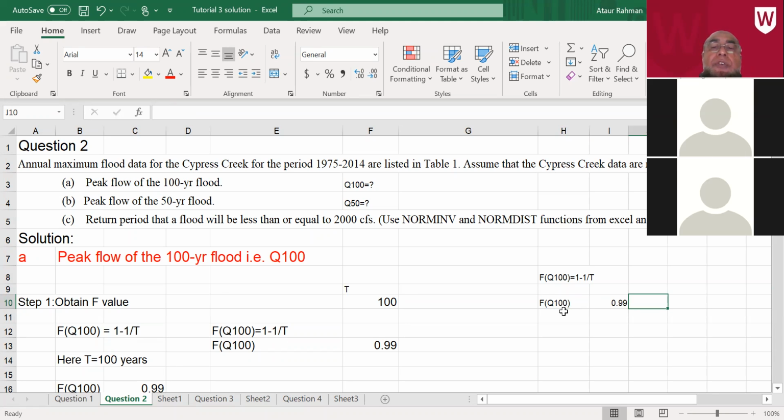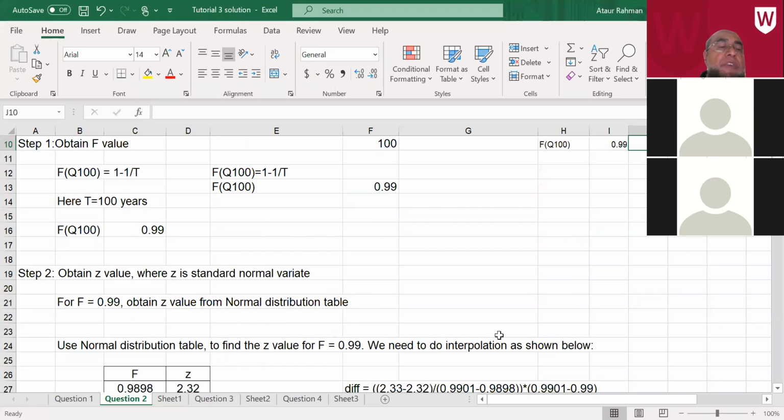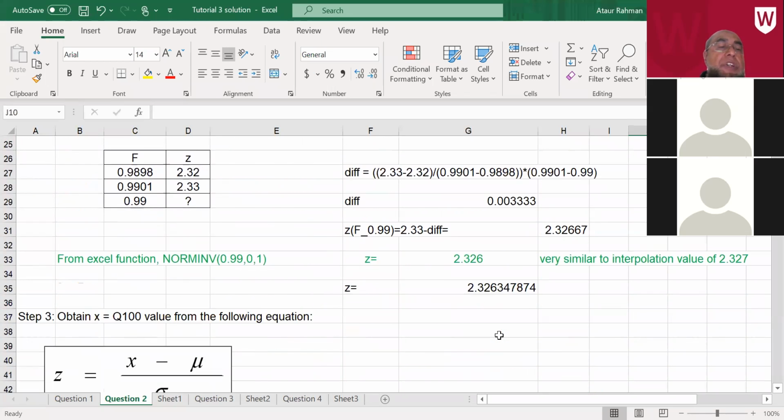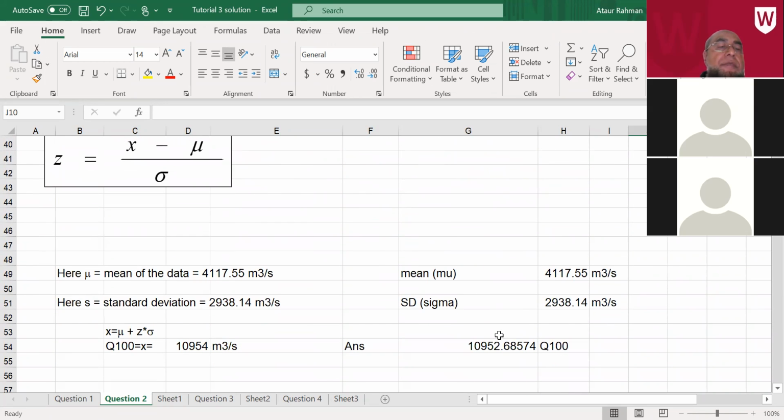So we have to find out the Z value, because our equation to find the Q is this equation here.